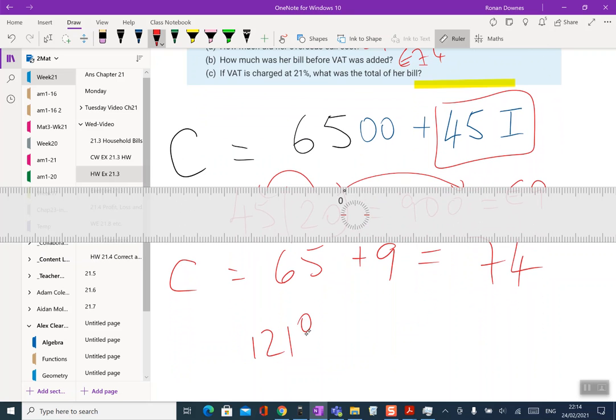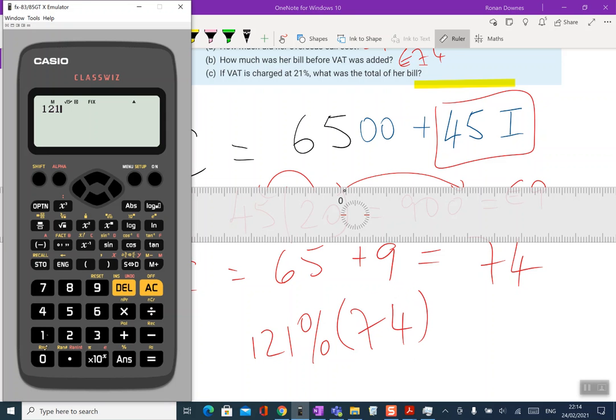So 121%, 21% plus 100. So you do this calculation. I'm building the habit of using the percentage button because when things become a little bit decontextualized because they use very large percentages or very small percentages, that'll be really handy. Okay, so it cost her €89.54.